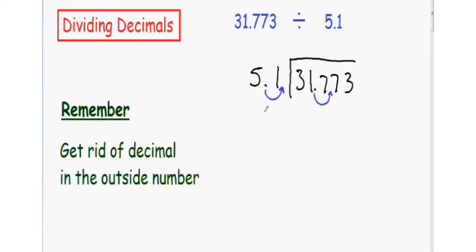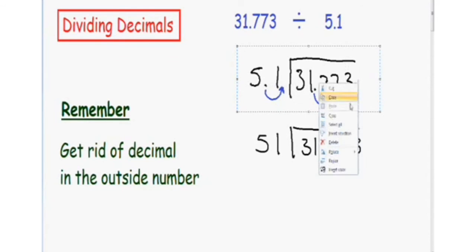So we are going to have 51 as your new divisor. Then the dividend this time becomes 317.73. So let's begin the division. Remember how we do our division: division, multiplication, subtraction, and bring down.